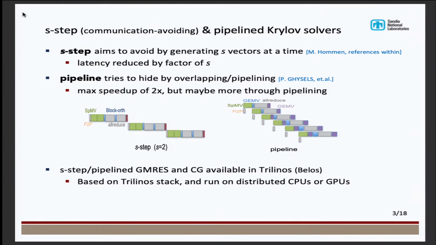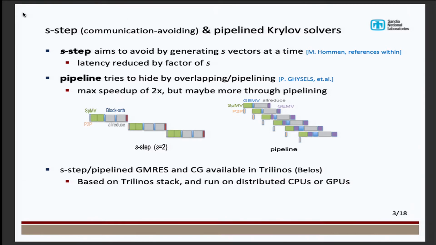We also have pipelined variants of the solvers, which try to hide some of the communications by overlapping or pipelining these Krylov iterations. Simply hiding these communications will give us a maximum speedup of two. But if we manage to pipeline these iterations effectively, we may be able to obtain even higher speedups.